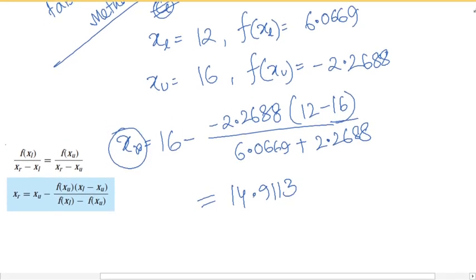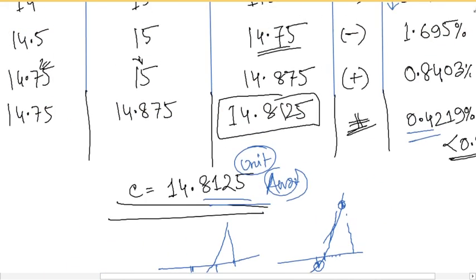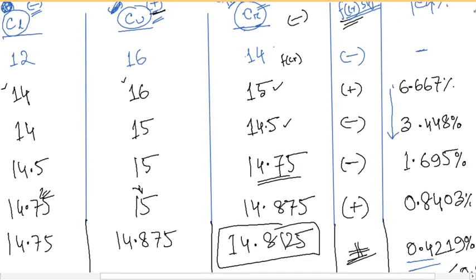So think about this. In the first iteration xr is giving you a value of 14.9113. Whereas in the bisection method, in the first iterations you obtained 14, then 15, then 14.5, and we got close to 14.8125 after 6 iterations, if you can remember.